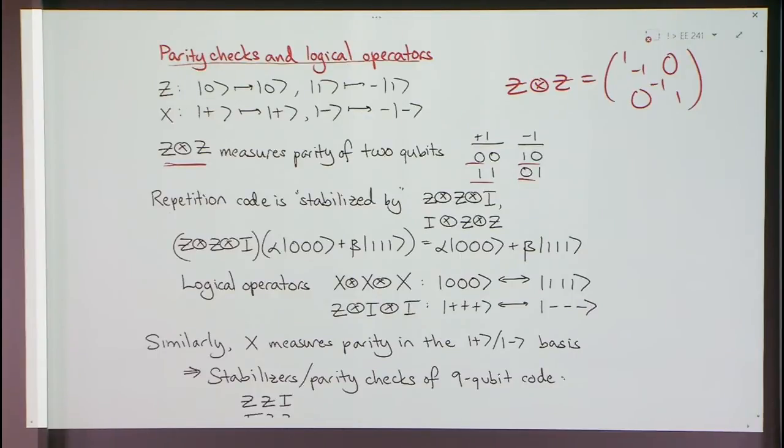Therefore, we can see another way of defining the repetition code: as the plus 1 eigenspace of these 2 operators. Z tensor the identity means the parity of the first 2 qubits has to be even. And identity tensor Z, for it to be a plus 1 eigenstate of that, the parity of the second and third qubits has to be even.